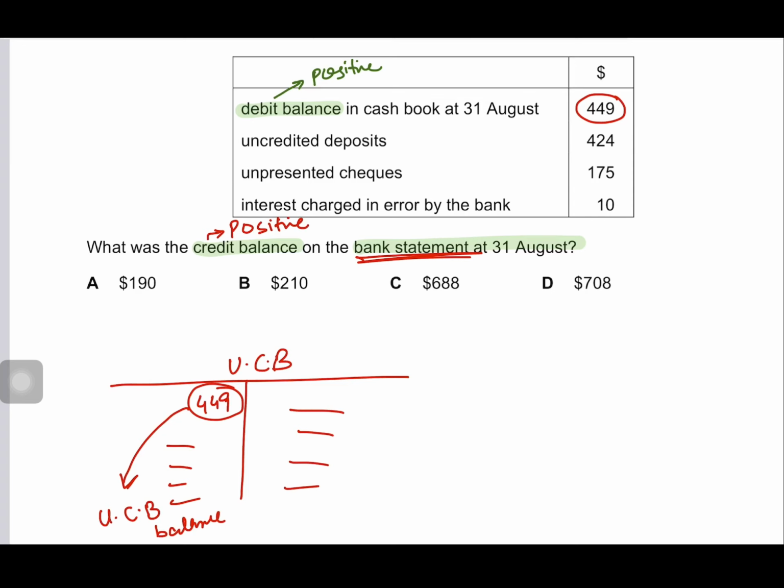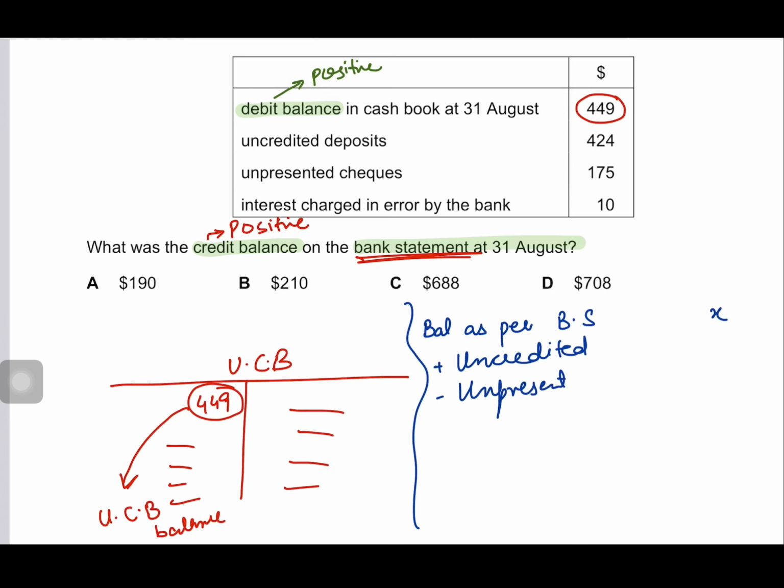This means that if I prepare the bank reconciliation statement and start with the balance as per bank statement, which is right now unknown, I add uncredited deposits and subtract unpresented checks. The amounts are 424 added, 175 subtracted, and the bank error, the interest charged in error by the bank, $10, has been deducted from this bank statement balance.